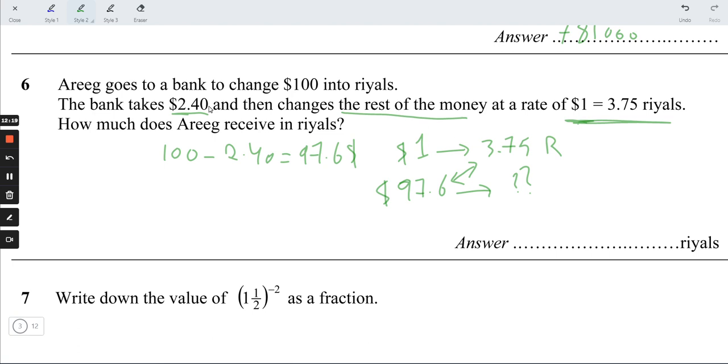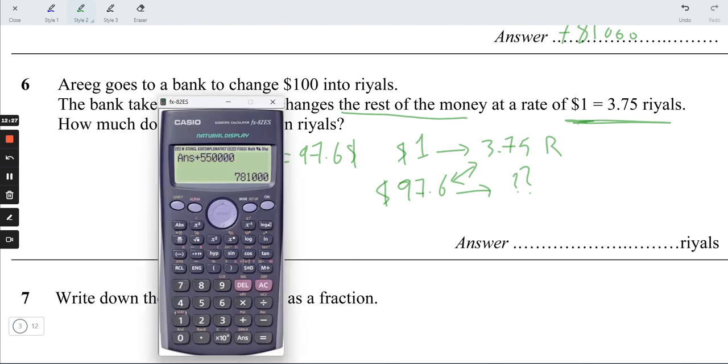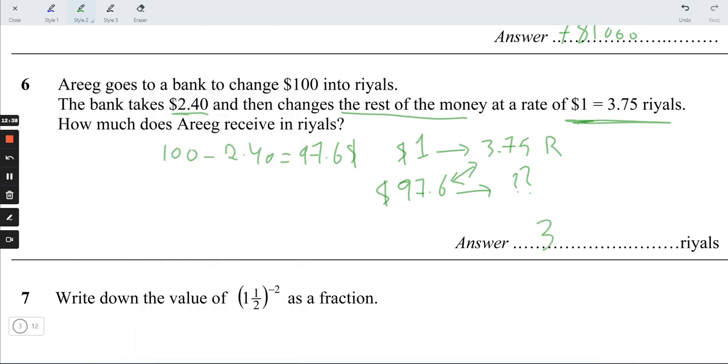If it is in real and you want to change it to dollar, you should divide the amount of real by 3.75. So here we can use our calculator and multiply 97.6 times 3.75. We'll get 366 reals.